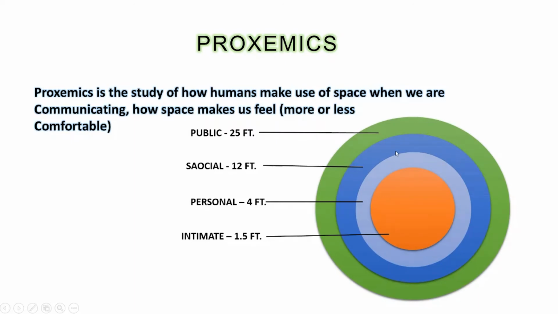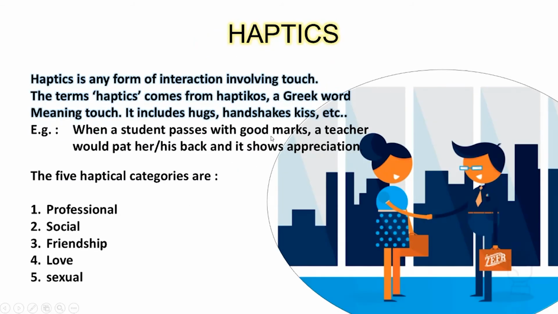So that is the social space. And I've already said about a public meeting where an orator is conveying a message, and that person will be at a great distance, about 12 to 25 feet, which is the public space. So humans make use of space around them, and this study is called proxemics.